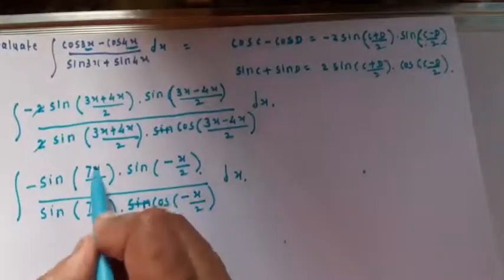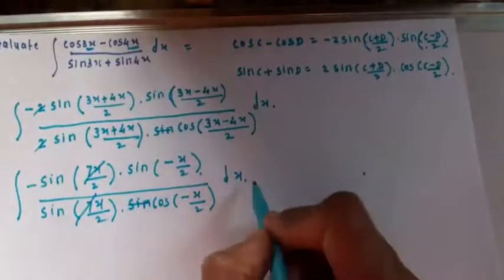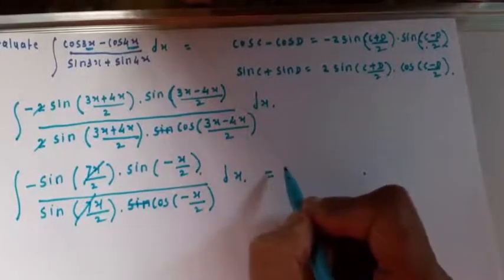Okay, this sin of 7x upon 2 gets cancelled.